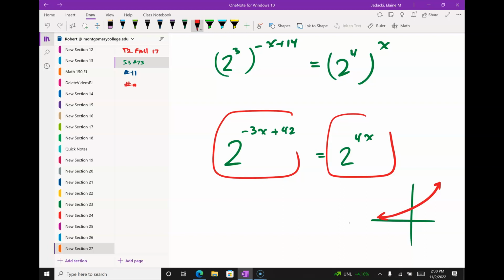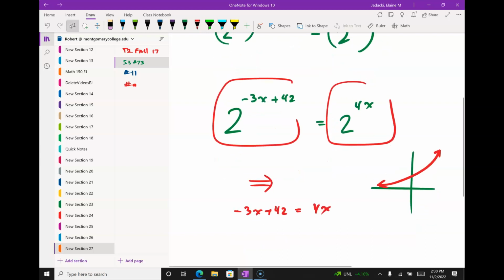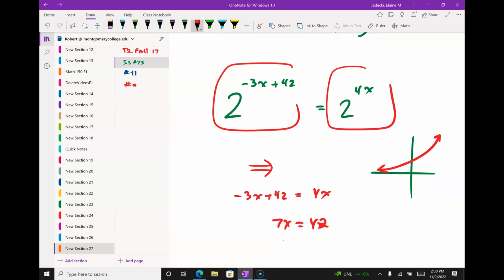So they're y values, they're heights. When I have equal heights for a one-to-one function, that means the x's are equal, right? So minus 3x plus 42 has to equal 4x. Oh, well, that means 7x equals 42, right? So x is 6.